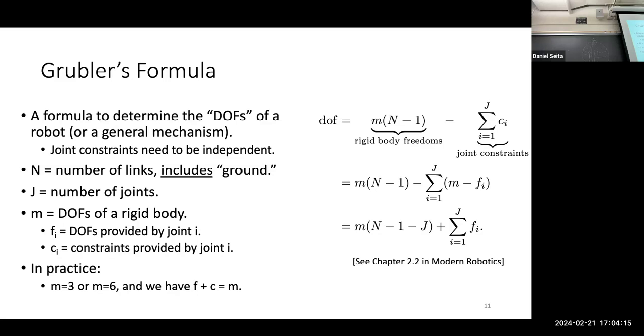So if it's only planar, then consider 3 times the number of links, and then the number of joints. To summarize, for anything in 3D, it's going to be 6. Okay. Thank you.